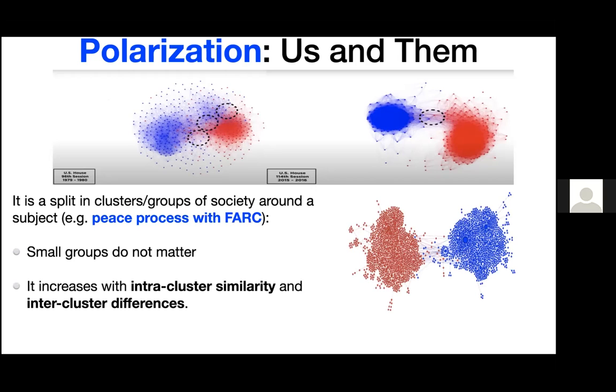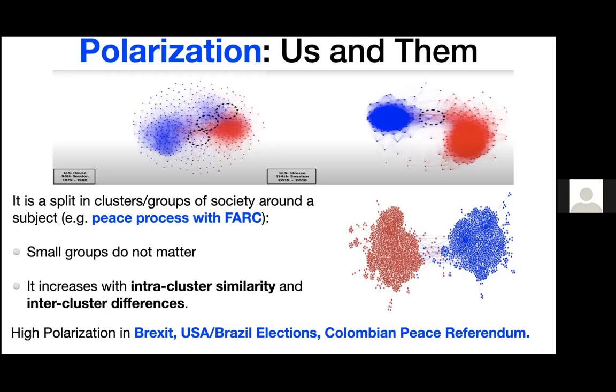So the more alike the people are within a cluster, the more polarization you get. And inter-cluster differences: if people from different clusters are very different, that increases polarization. Examples of high polarization: Brexit, the USA and Brazilian presidential elections, and the Colombian peace referendum.